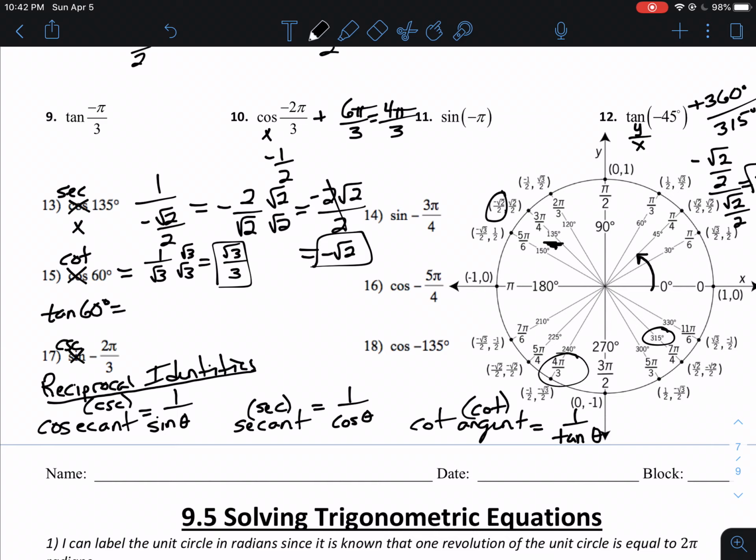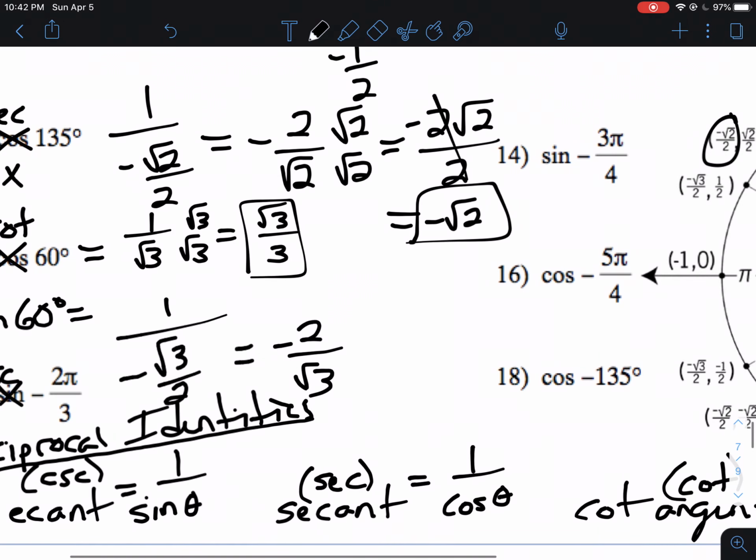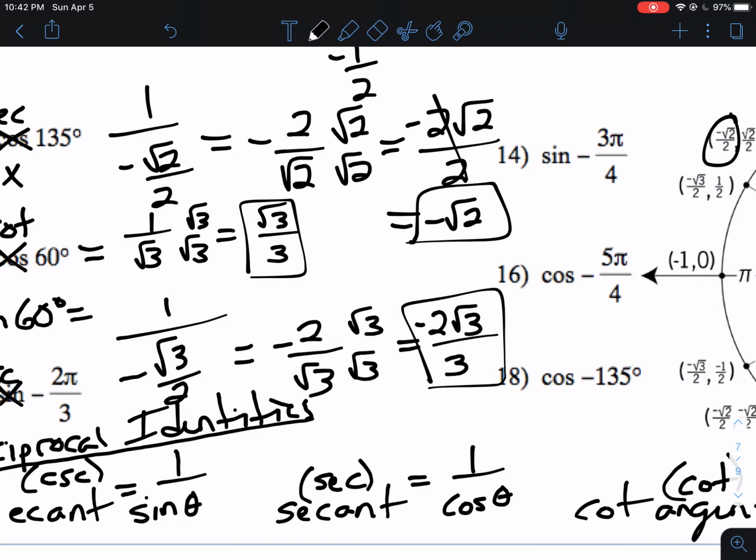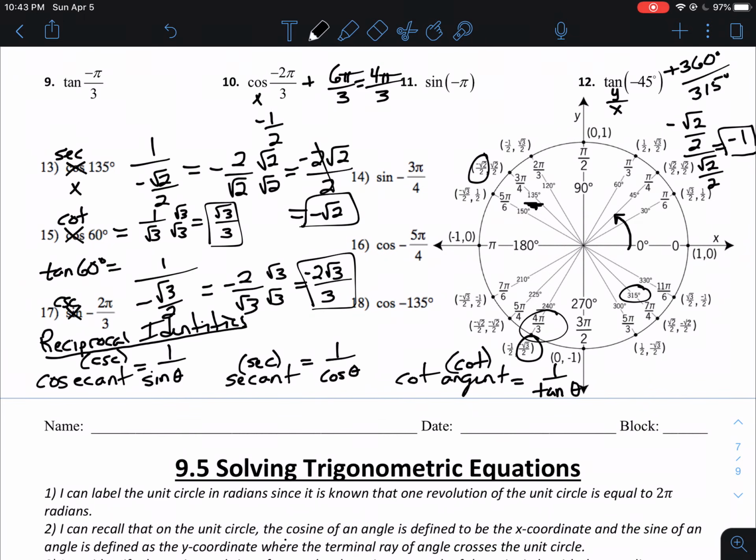And then we found out that for sine, the y value is negative radical 3 over 2. So then the cosecant, instead of being negative radical 3 over 2, you're going to take the reciprocal of that, which is negative 2 over square root of 3. And then we'll rationalize that the same as we have before. Multiply by square root of 3 over the square root of 3 becomes negative 2 square root of 3 over 3. And then there's your final answer.